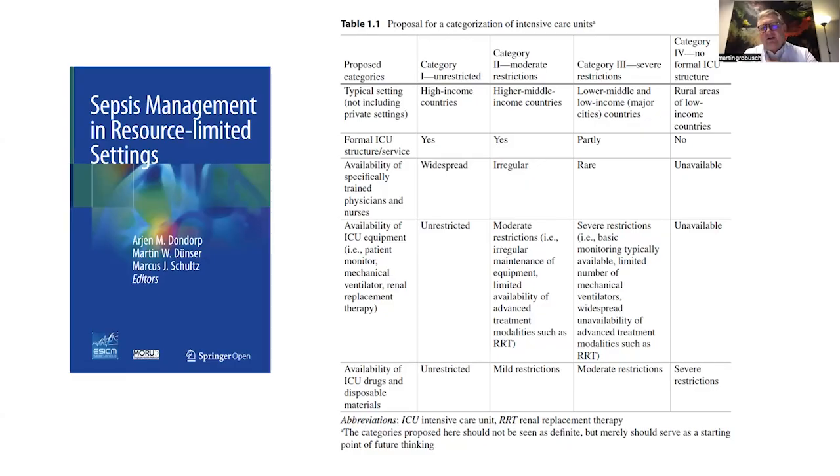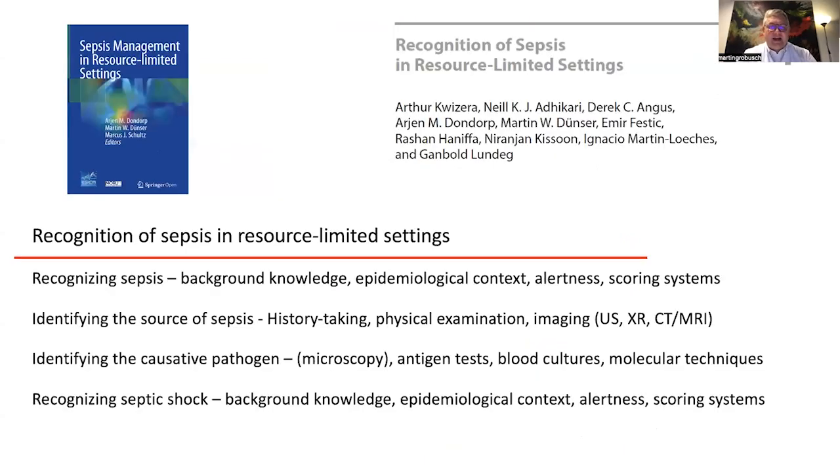So we know that there's a lot of difference in possibilities and capacities, whether we are discussing sepsis care in high-income countries or in low or middle-income countries. And this table about what should be available or what is usually available and what's not just serves as a reminder of this fact, actually.